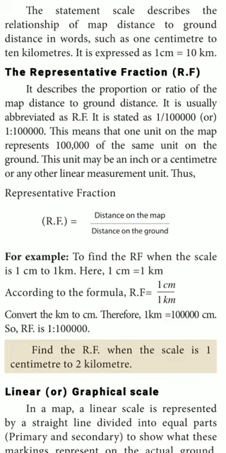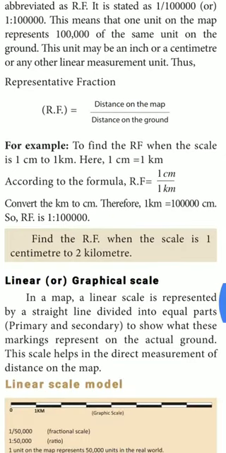Okay. Next one, third one, is the linear or graphical scale. What do you know about this linear or graphical scale? In a map, a linear scale is represented by a straight line divided into equal parts, primary and secondary. From this picture you can understand, isn't it? This is the linear scale model, the white line and black line.